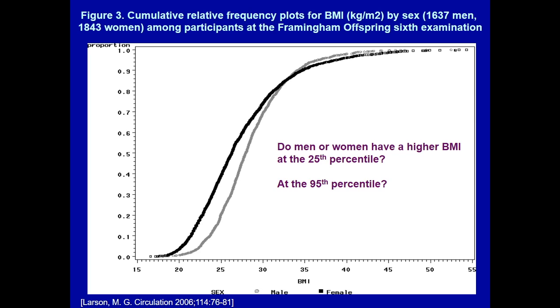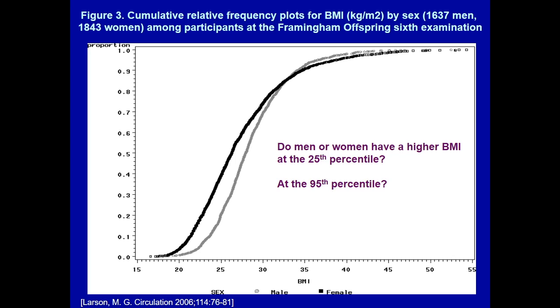Another example of a cumulative relative frequency plot is for BMI by sex among participants in the Framingham Offspring 6 examination. Some questions here are, do men or women have a higher BMI at the 25th percentile? We want to note that the male values are the light gray drawn line, and the female values are the dark black line.